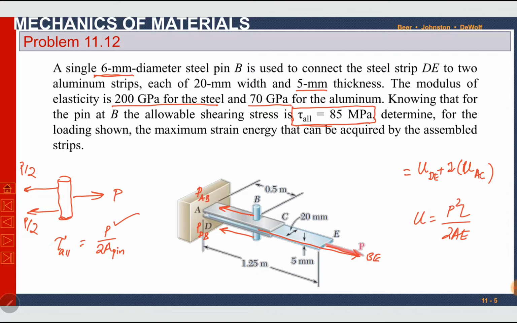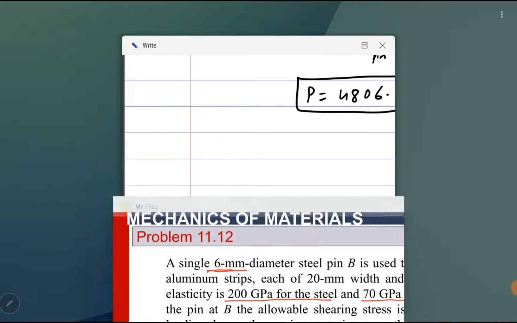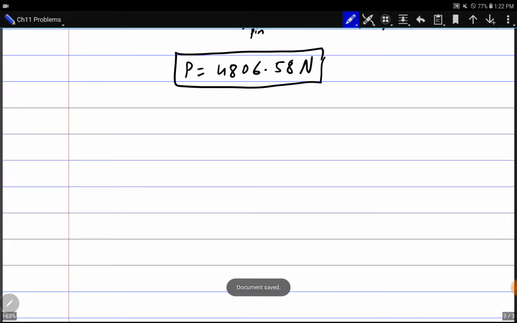This is PDB, this is PAB, and this is PBE. So PBE is the same, and PAB and PDB are half of the P. So I will write here PBE is 4806.58.